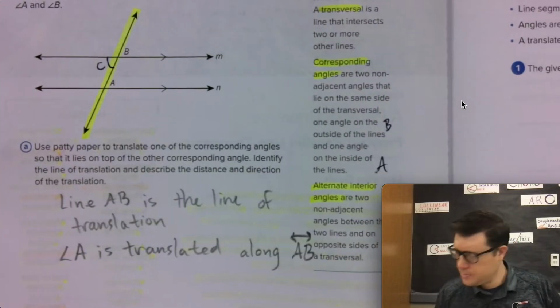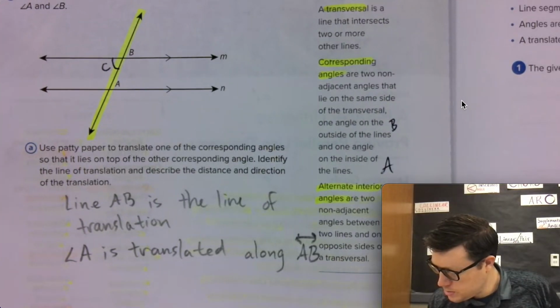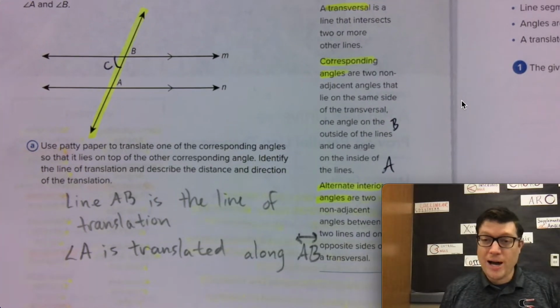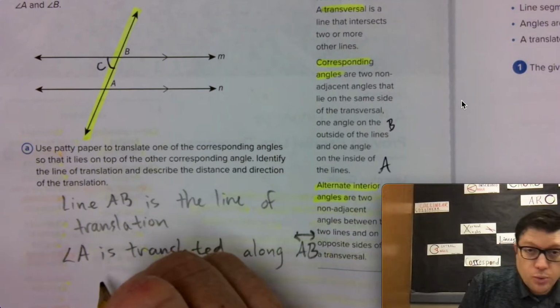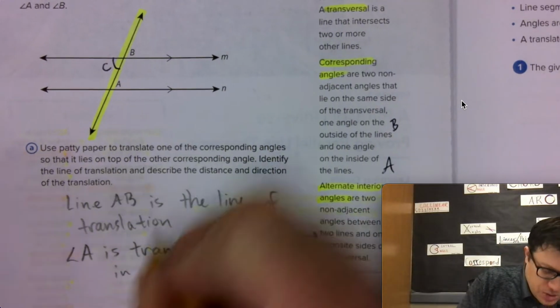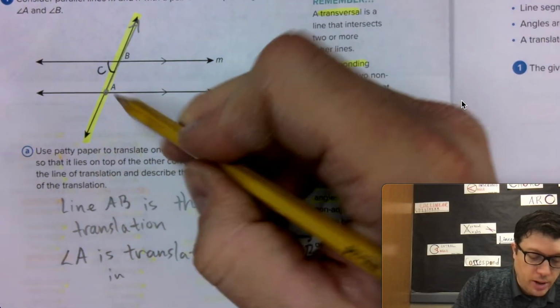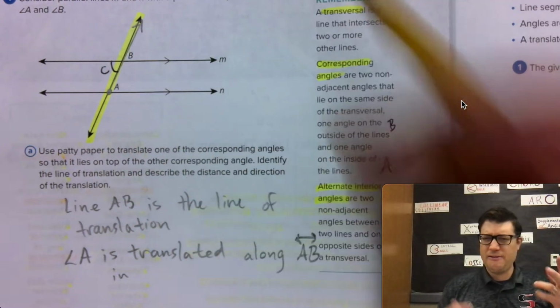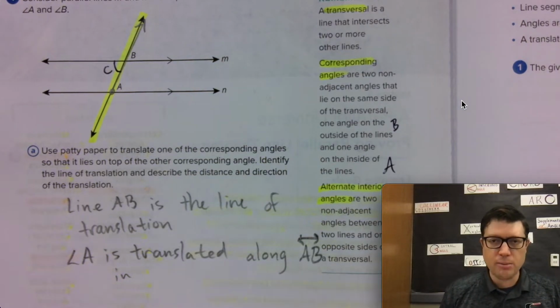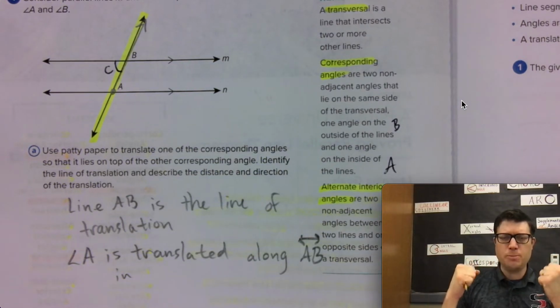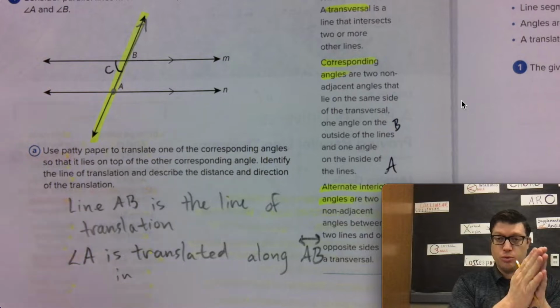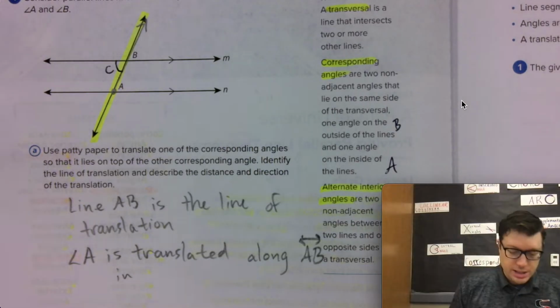It's translated in the direction of ray AB. So if you start from A and go this direction, you're going along an arrow. That's like a vector from Despicable Me. A vector has both direction and magnitude. We're going a certain distance.